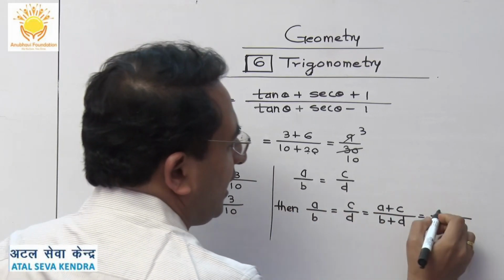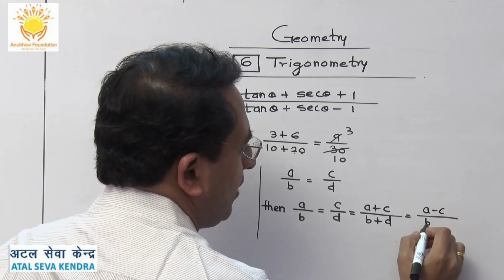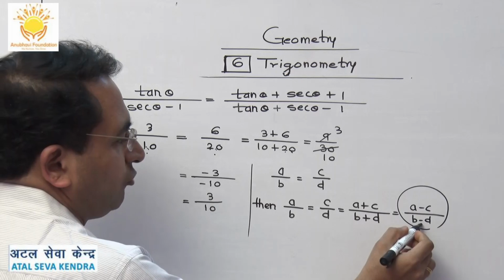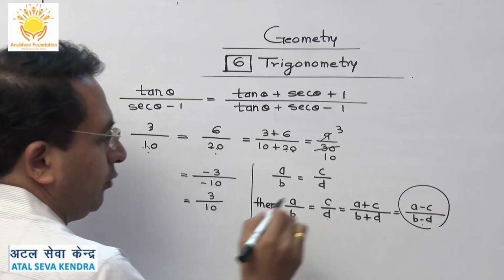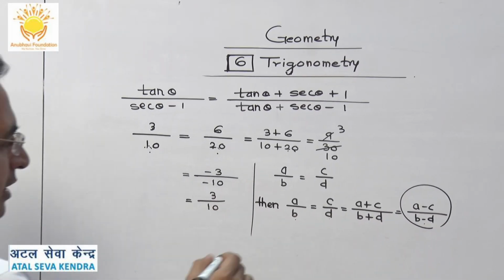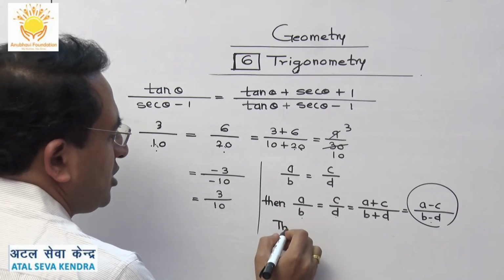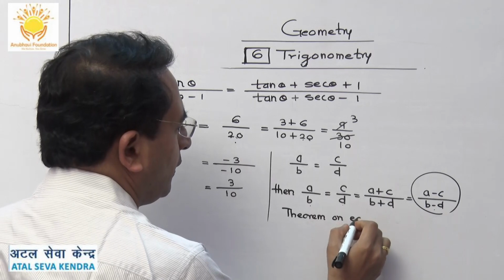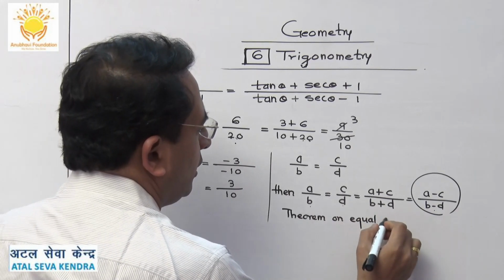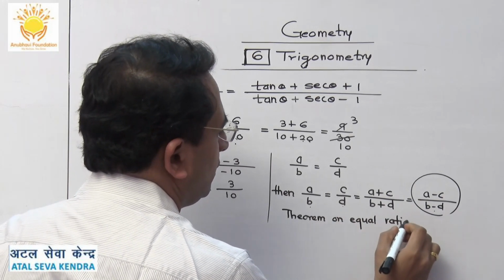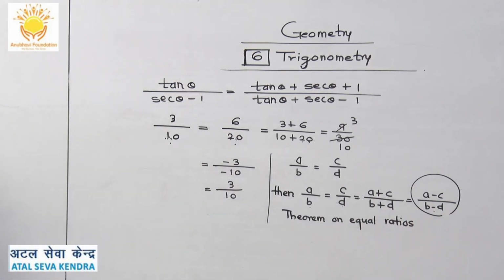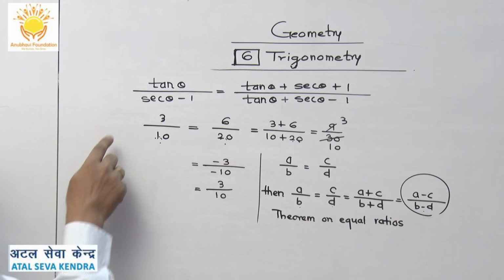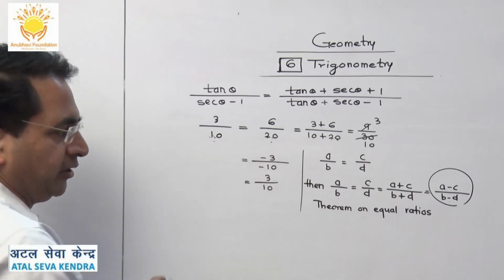If I do A minus C and B minus D, whatever ratio you are going to get, that ratio will be same as the earlier one. That is what we call, I am writing here, the theorem on equal ratios. Actually, this is the part which we have to use to solve it by that particular method.